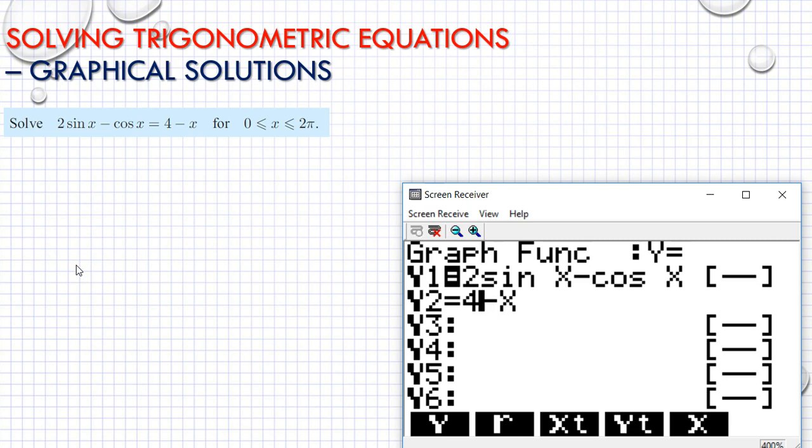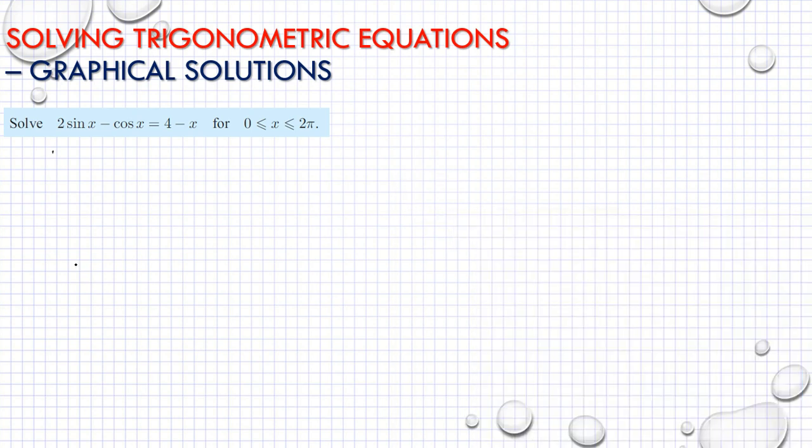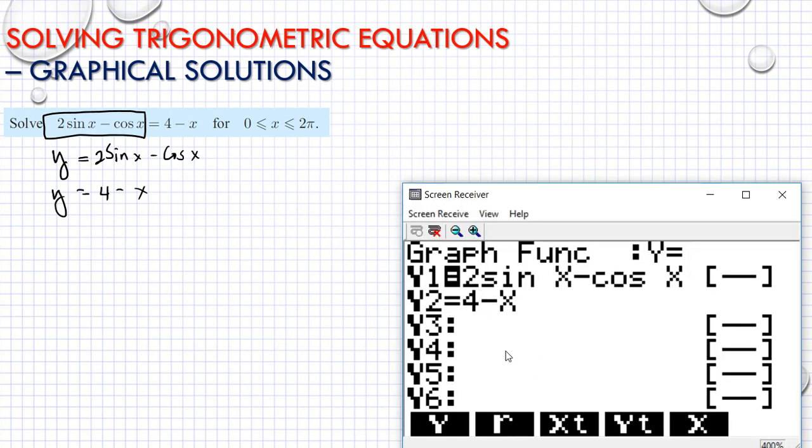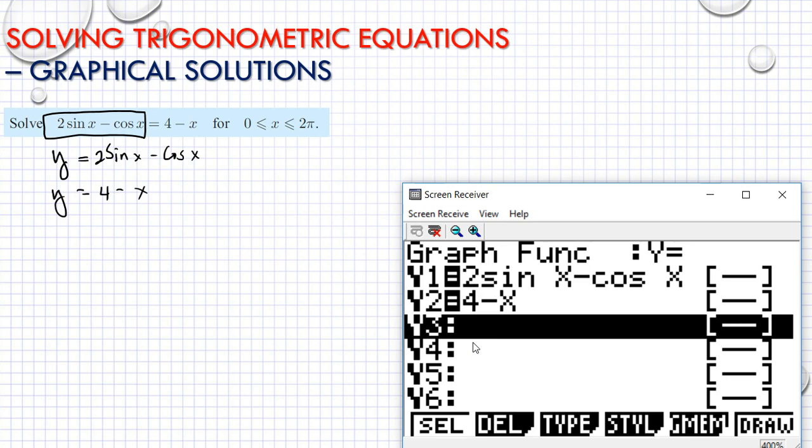We have the first function, y is equal to sine x minus cosine x, and another function, y is equal to 4 minus x. That is what I did here. I put them into two different functions, and then I enter and draw.